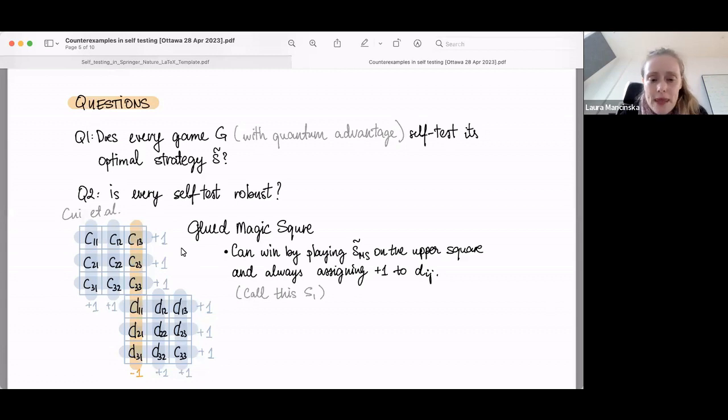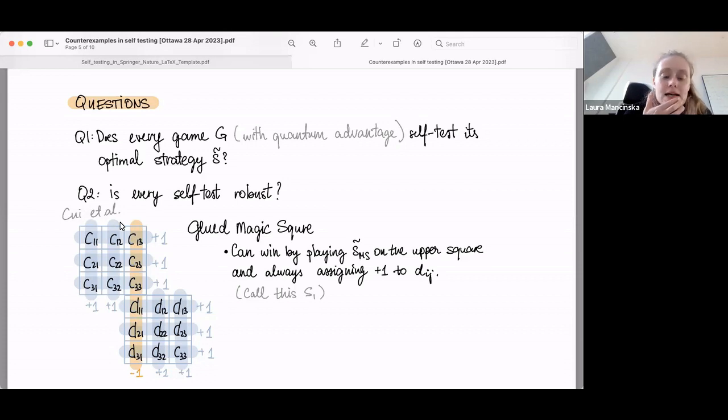What Alice and Bob would do is play magic square on this top square, but if they are asked anything from the bottom square, they just answer +1 always, to all these D variables they just assign +1. That will be one way for Alice and Bob to win this glued magic square game. But now you also have the complementary strategy where you play magic square on the bottom square, and then answer trivially on the top square.